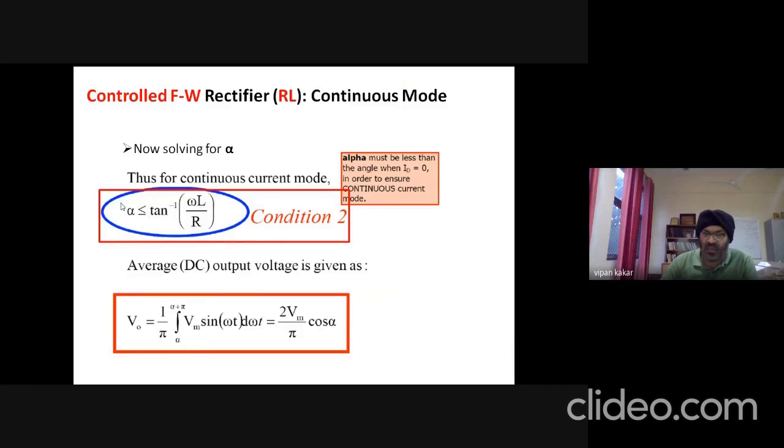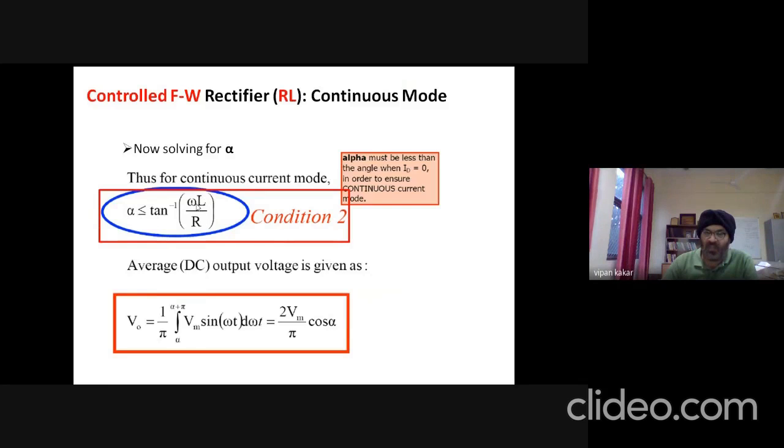Whatever is the calculated value of alpha over here, we use the same alpha value over here. So the thyristors must be triggered at angle alpha, fulfilling condition 2.